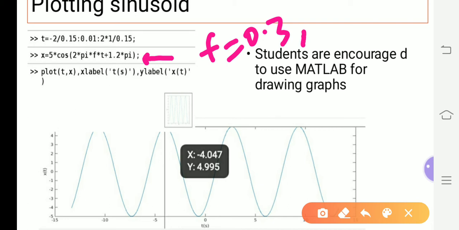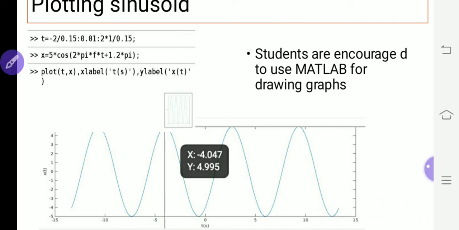Then I ask the system to plot it for me. After getting the result, I use the marker. I am able to find that at around negative 4 seconds, I get one peak. This fulfills what is specified in the equation.